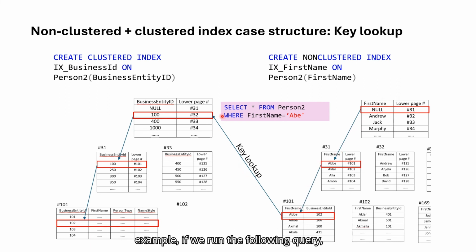For example, if we run the following query, we will end up with the following flow. We call this a key lookup, okay? In a key lookup, we start from the non-clustered index and end with the clustered index.